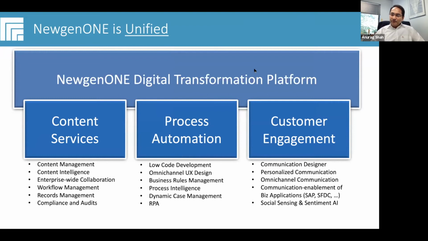So again, going back to that experience thing, the enterprises are looking at that digital experience. They are trying to project the entire company as digital. And to do that, there is operations and there is this IT.